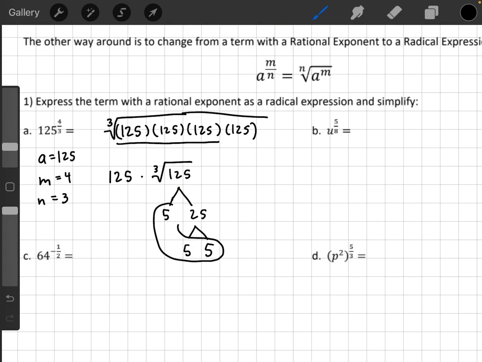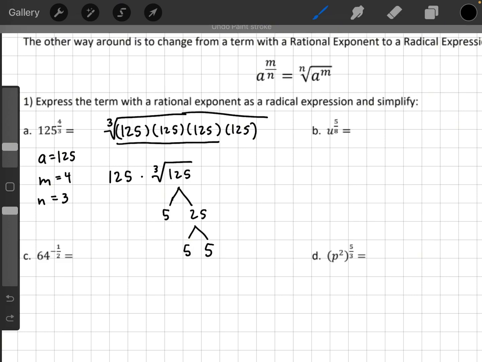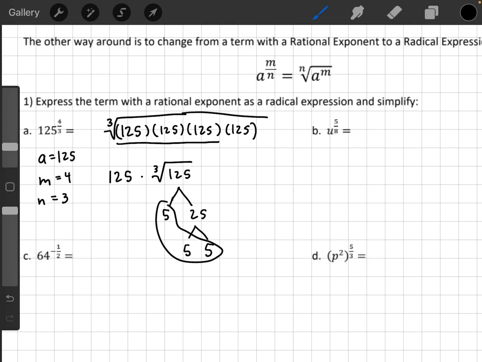Now we have a group of 3 5s here, and we want groups of 3s because we're looking at a cube root. So we can move this group of 5s out here with this 125, which takes care of this part of the expression. So now we have 125 times 5 equals 625.